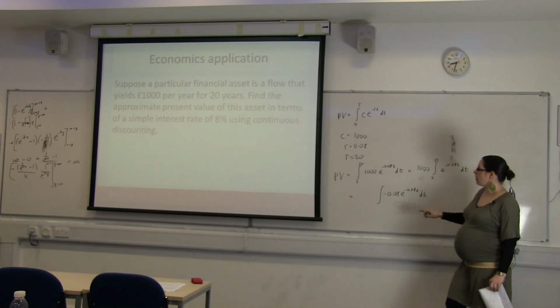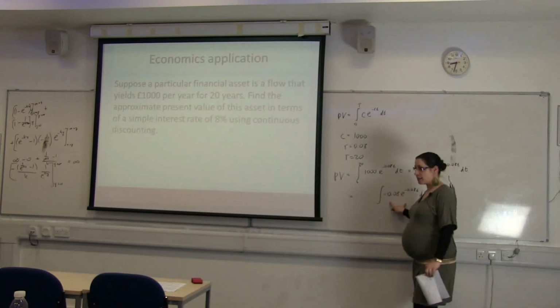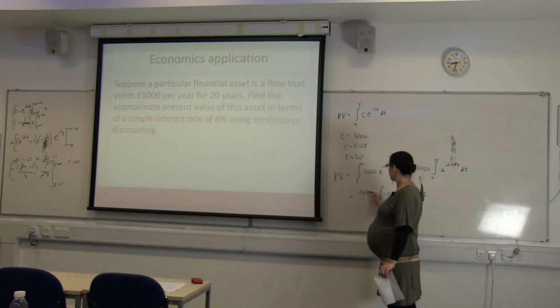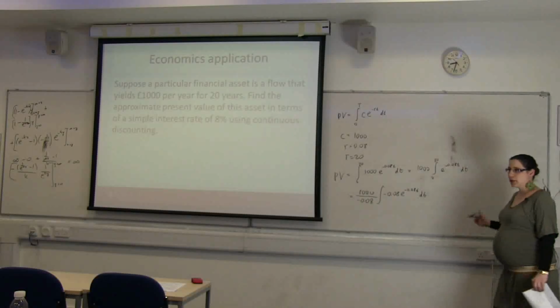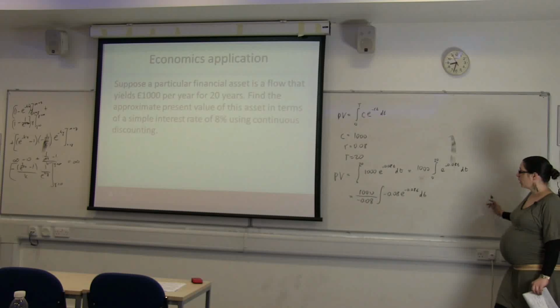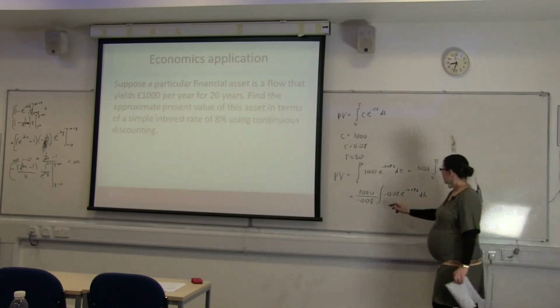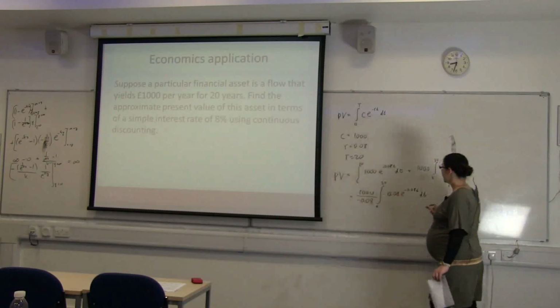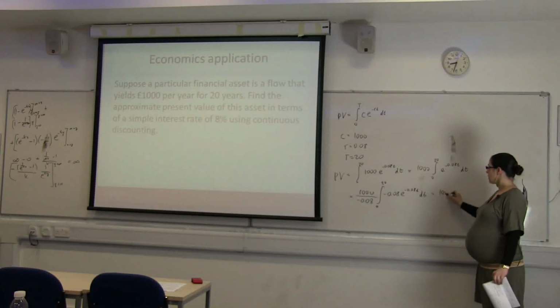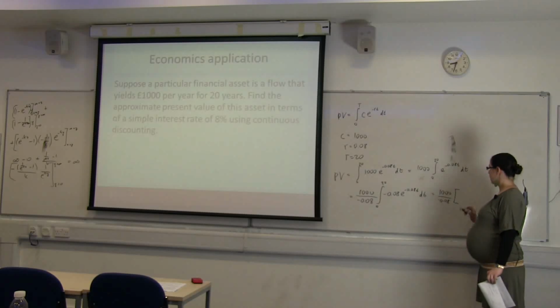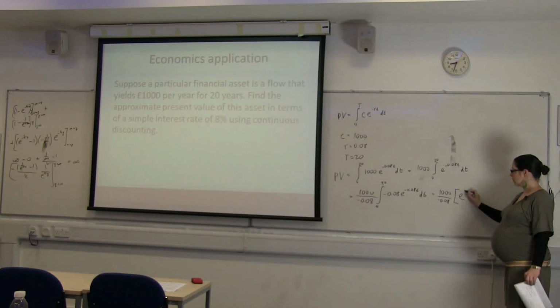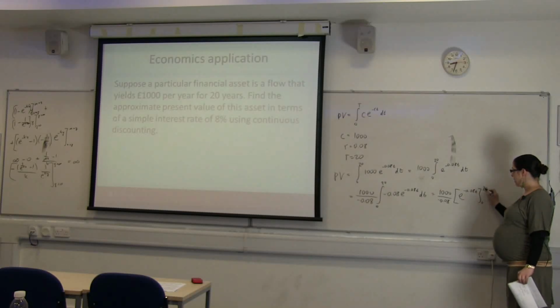The only way I can bring this integral to look like this is if I do this, because then those two cancel each other out, so I've literally done nothing to the integral. Don't forget the limits. So that is equal to 1000 over minus 0.08 times the integral of minus 0.08 e to the minus 0.08 t between 0 and 20.